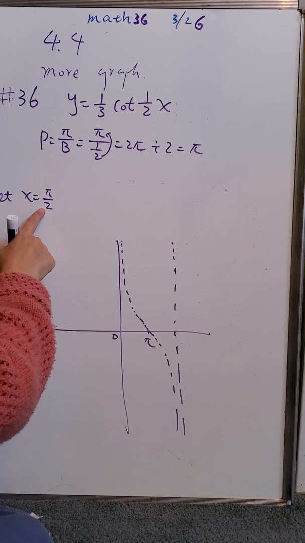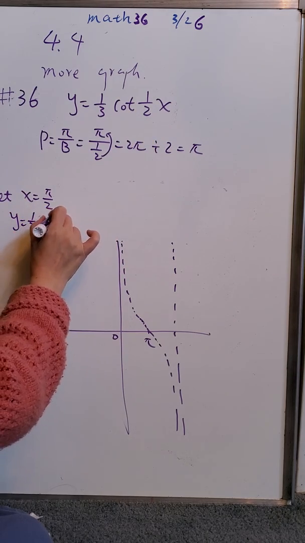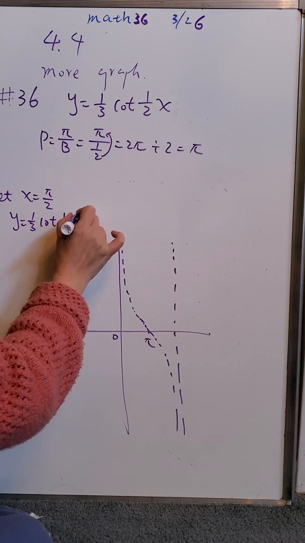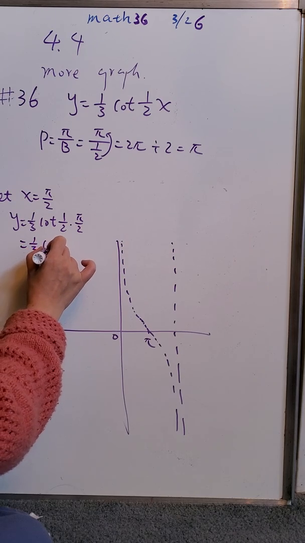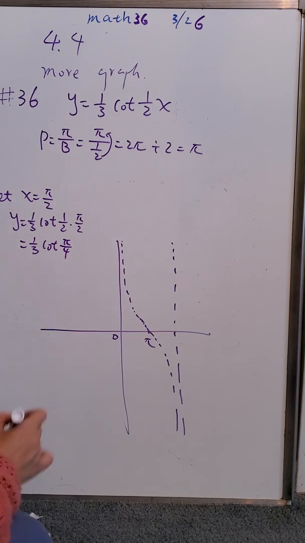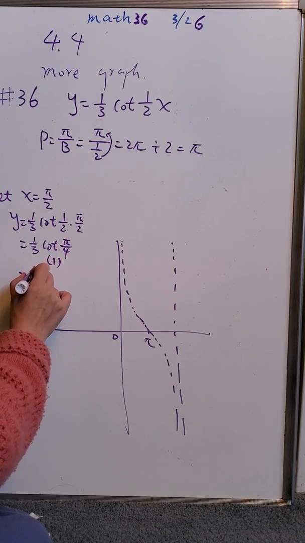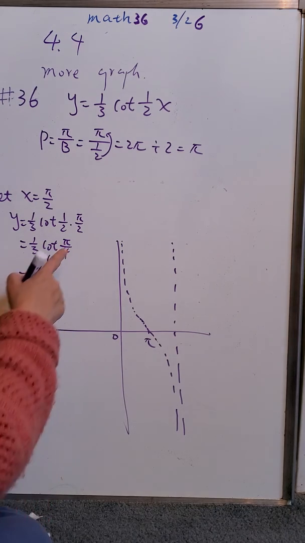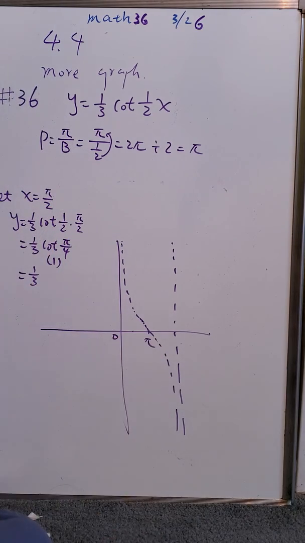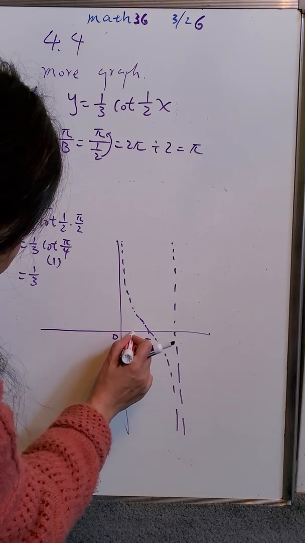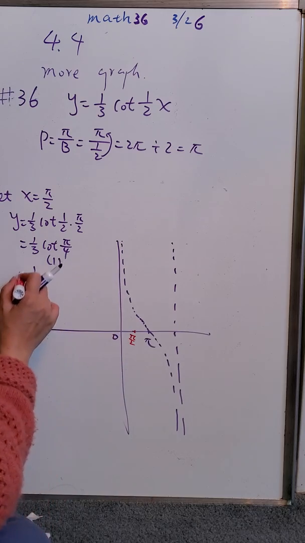Because I put x equal to pi over 2 inside here, my y will equal 1/3 cotangent 1/2 times pi over 2, so it's equal to 1/3 cotangent pi over 4. Well, cotangent pi over 4 is equal to 1, so this becomes 1/3. So that means when x equals pi over 2, which is half the pi here, your y is equal to 1/3.